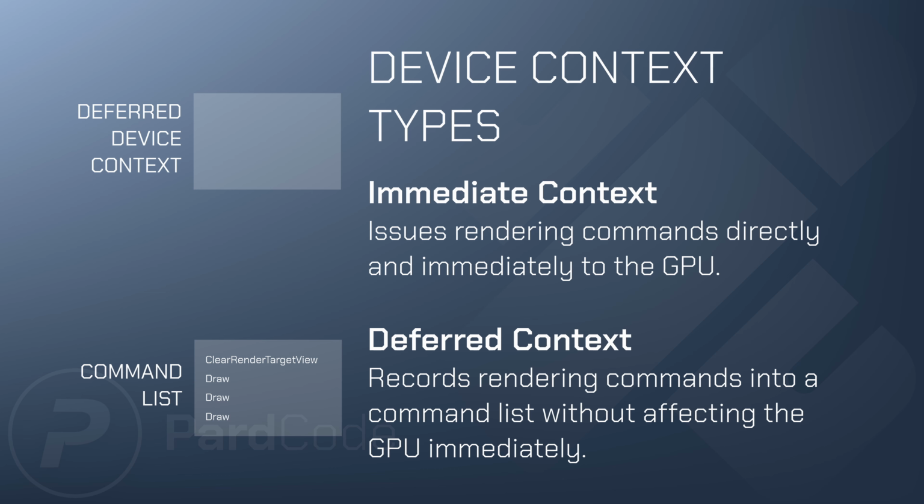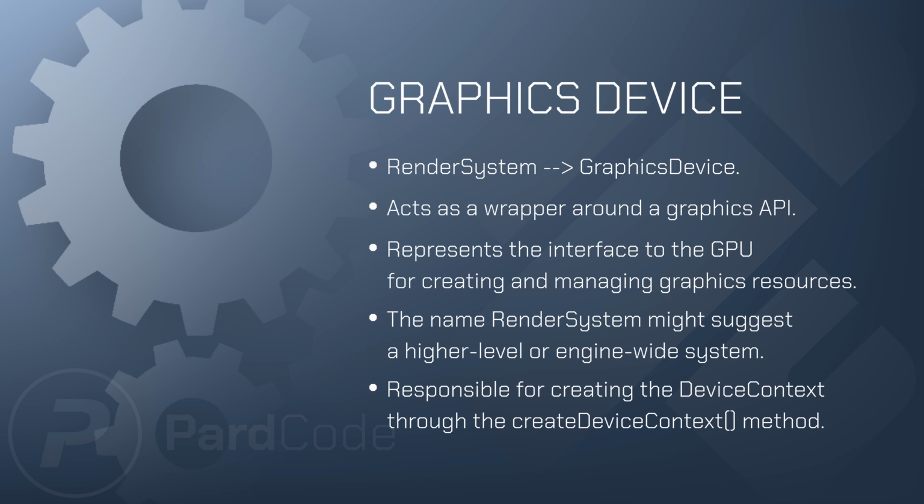Let's see how to introduce the device context in our architecture. First of all, we will rename the render system to graphics device. A wrapper for a graphics API like the one we are building should be called graphics device rather than render system because it directly represents the interface to the GPU for creating and managing graphics resources.